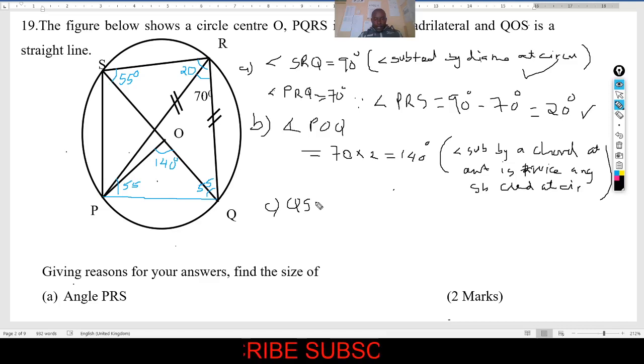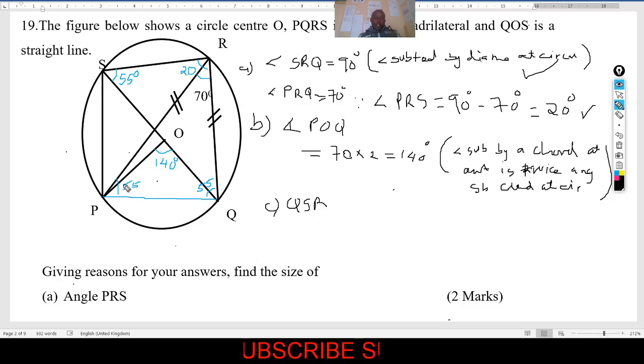QSR, I've shown is 55 degrees, but I've given the explanations. First of all you must show that this angle is the base angle of the isosceles triangle, because side PR equals side RQ as given.